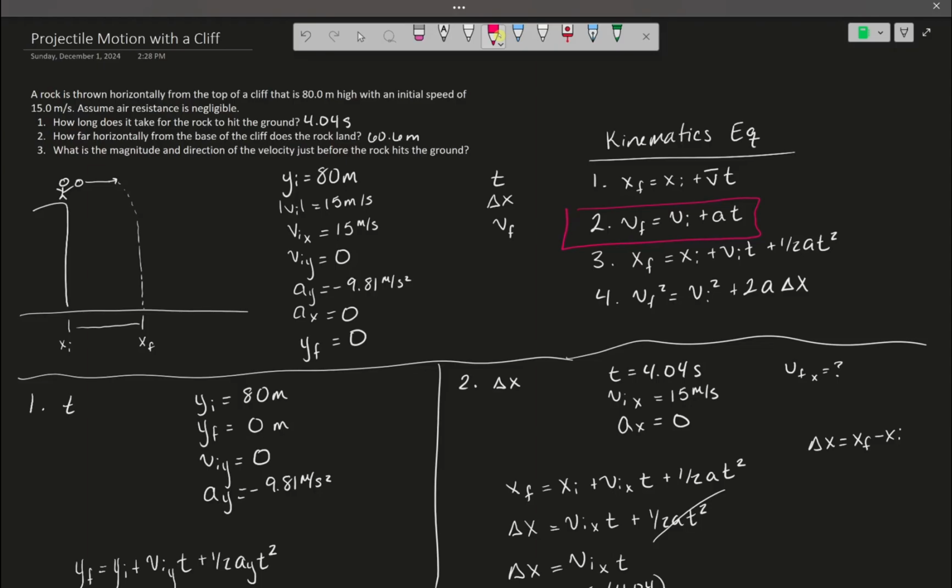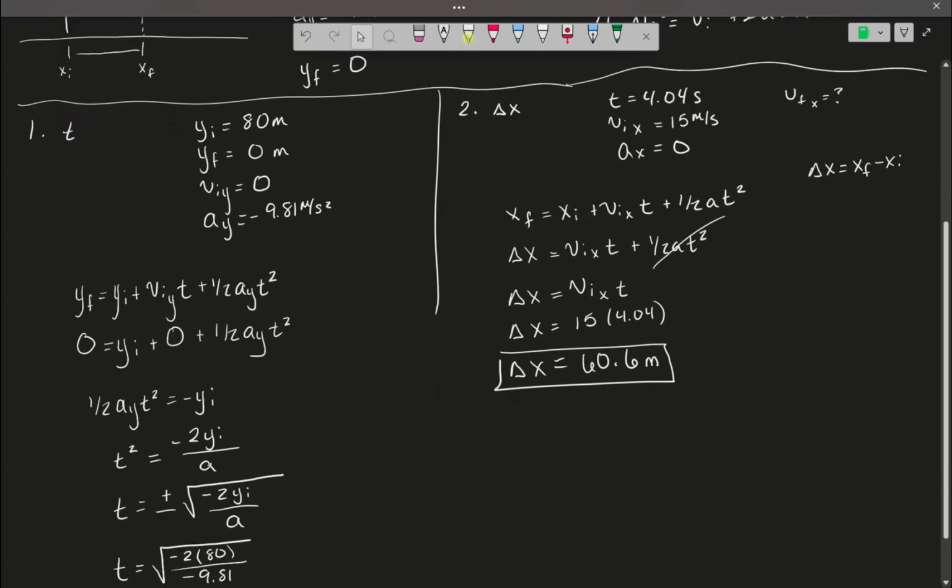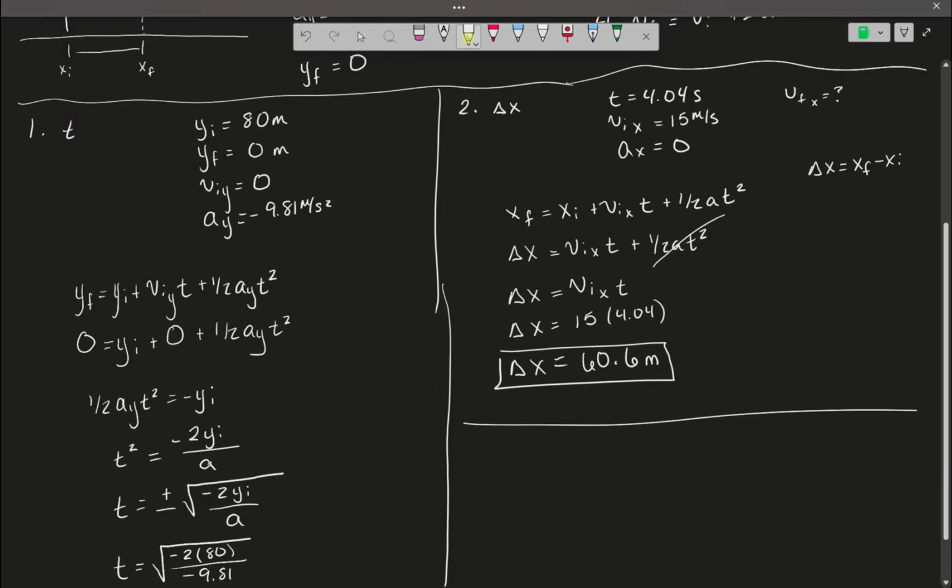Well, if I have zero acceleration in the x direction, this means that my final velocity in the x direction has to be equal to my initial velocity in the x direction. Because if there's no acceleration in the x direction, we can have no change in this velocity here. So automatically I know that my final velocity in the x direction has to be 15 meters per second.